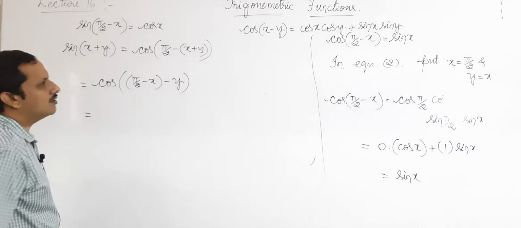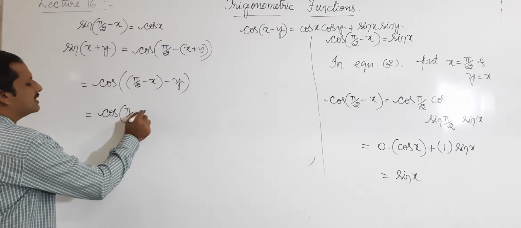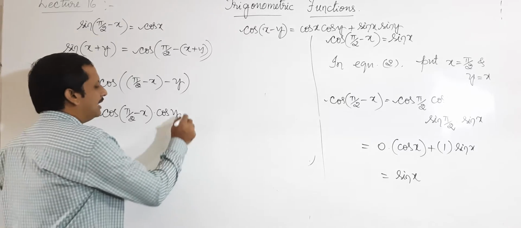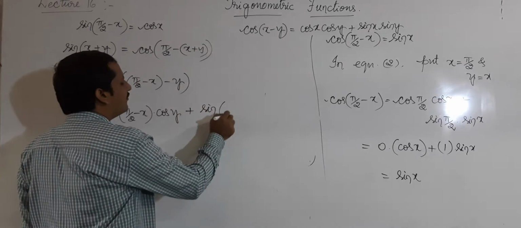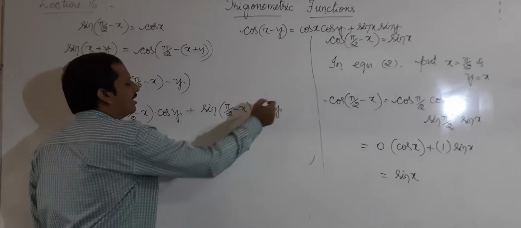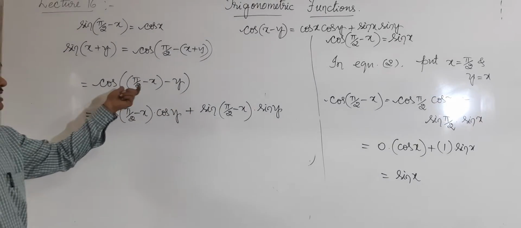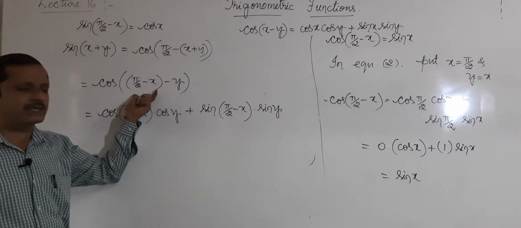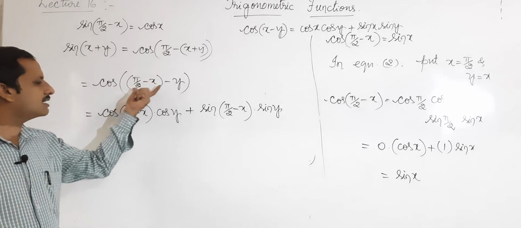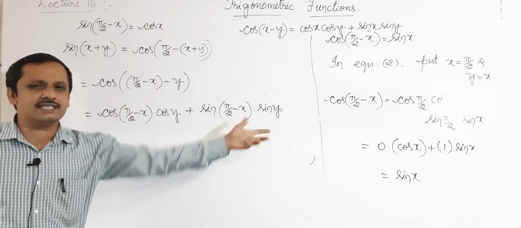That is equal to cos of pi by 2 minus x into cos y plus sin of pi by 2 minus x into sin y. I am using this formula. The only difference is that instead of x we have pi by 2 minus x here. So cos pi by 2 minus x minus y. Cos x minus y is equal to cos x cos y plus sin x sin y.